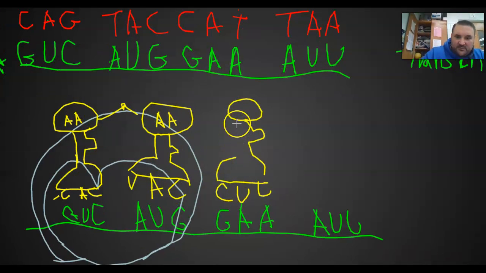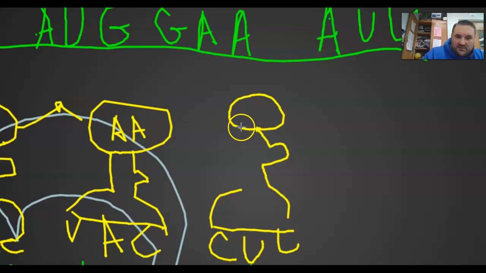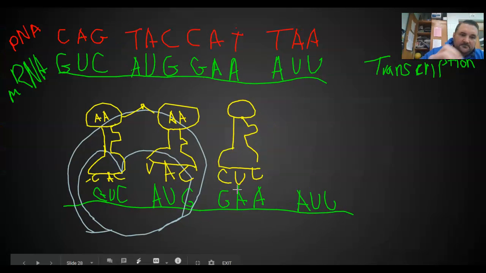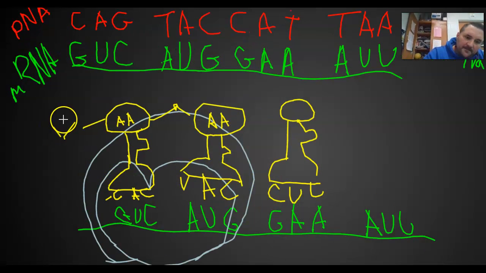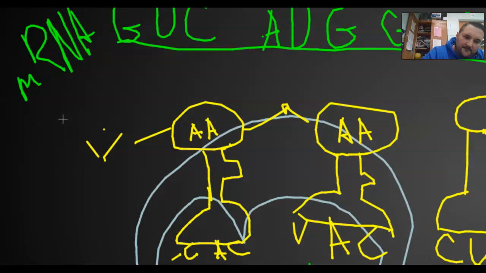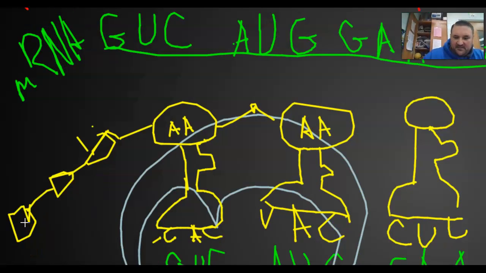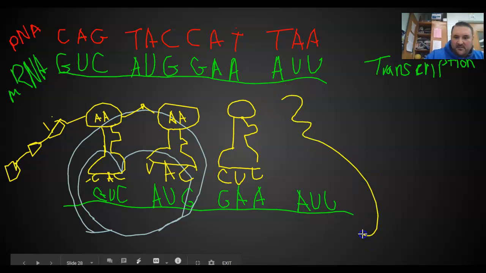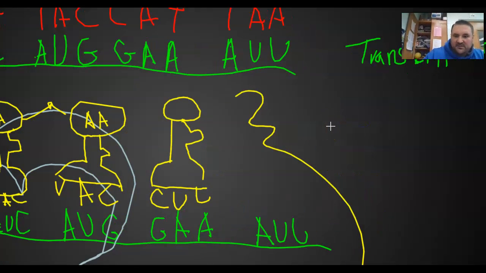And it will be the next one to move into the complex. So literally what happens is we get this chain of amino acids. And this, from here to there, is translation.